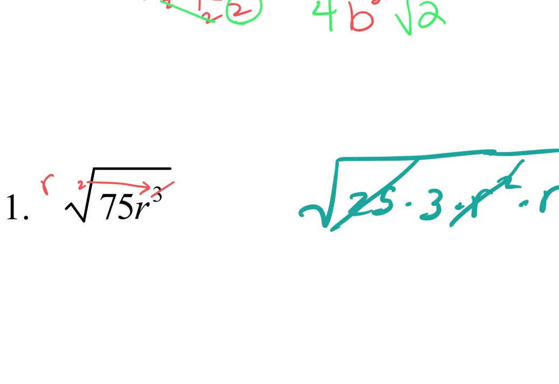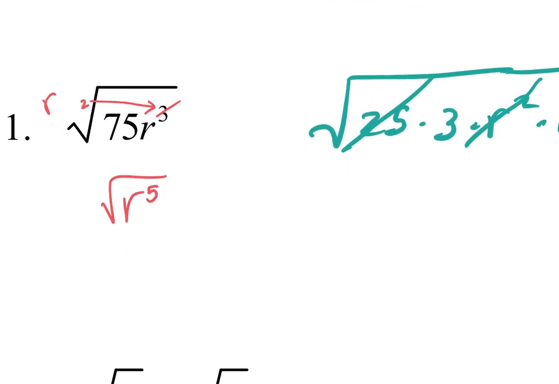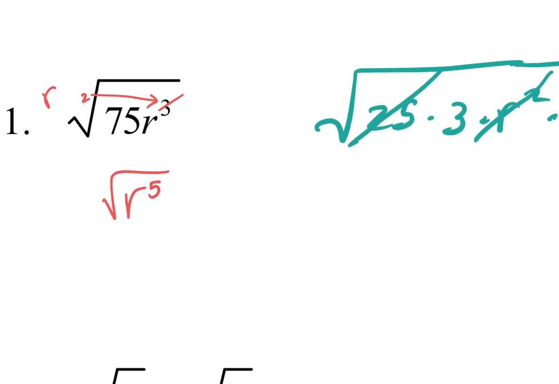No, you're not subtracting, you're dividing. In this case, yes. But if it was 5, let's say it's the square root of r to the 5th, 2 goes into 5 twice, so r squared comes to the outside, and 1 is left underneath.